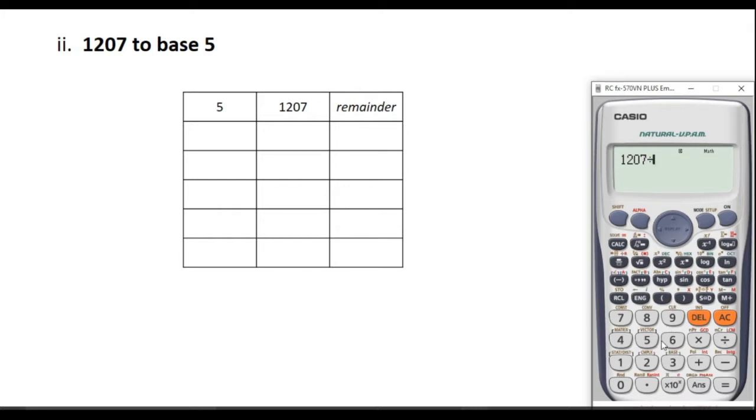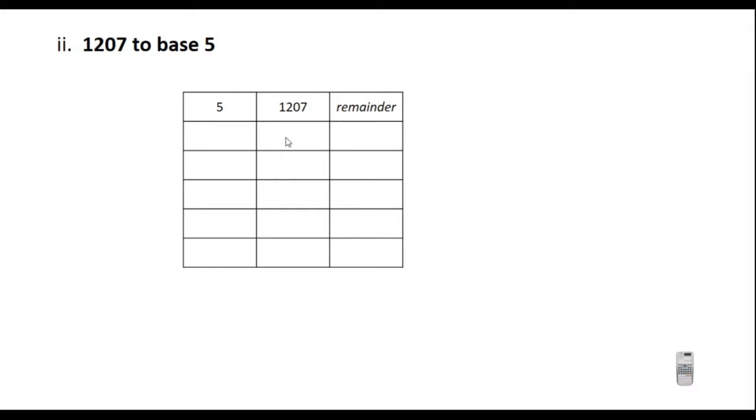1207 divided by 5, we are getting 241.4, which means that the whole number is 241, but there is a remainder. So you write 241 here. I'm teaching you how to find the remainder.